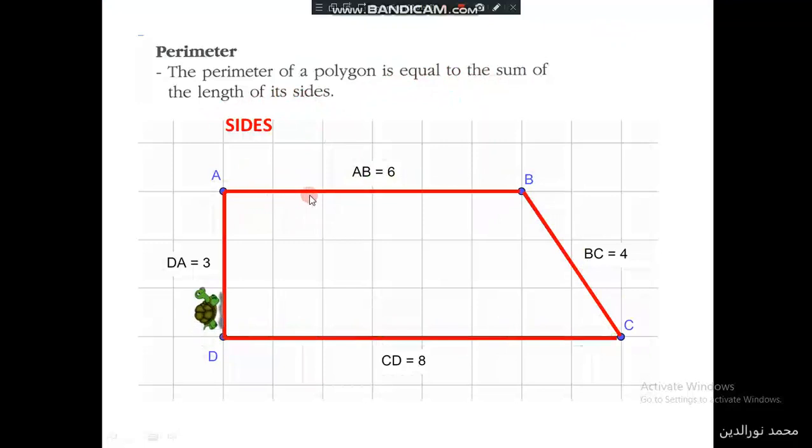As you notice here, we have this shape and the red sides. So the sides AB, BC, CD and DA, if we want to find the perimeter, we have to sum or add the length of the sides.